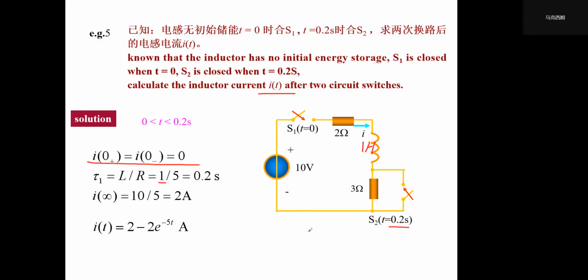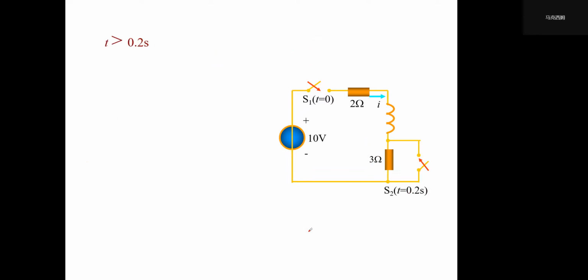And the initial value at 0.2, we can put t equals 0.2 in this formula. We can have the value of 1.26.